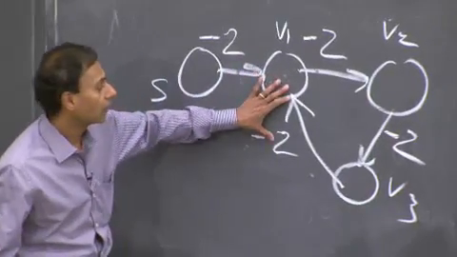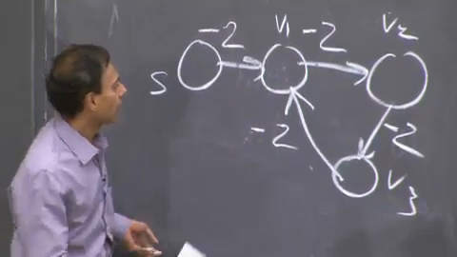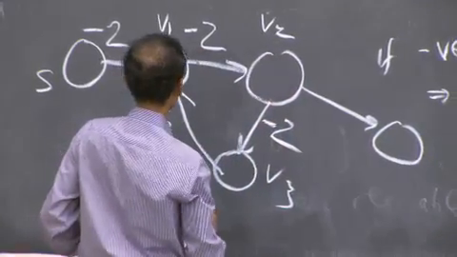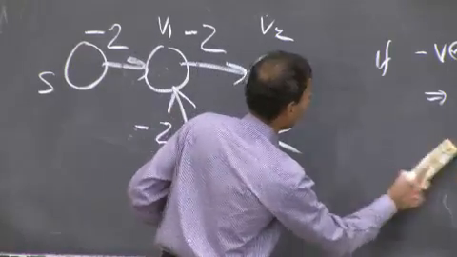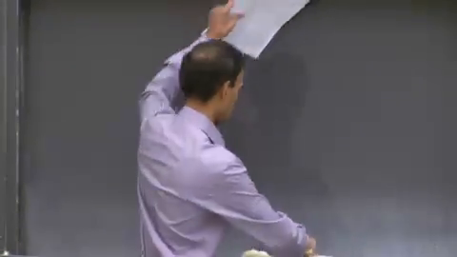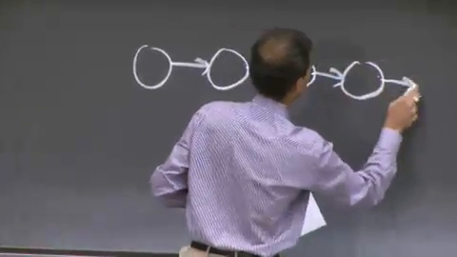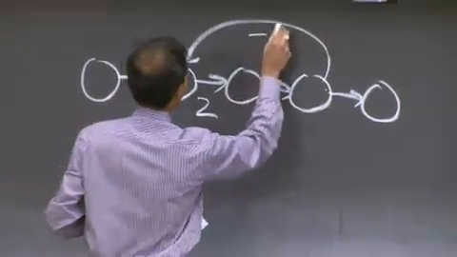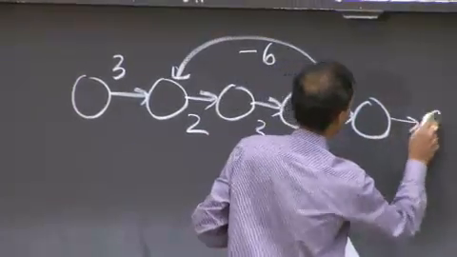But let's say I want to find the shortest simple path for a different graph, and it happens to have a negative weight cycle in it. So I have something like this: 2, 3, minus 6, 3 over here, 3 over here, and so on.